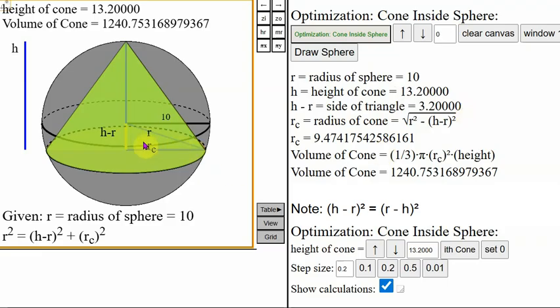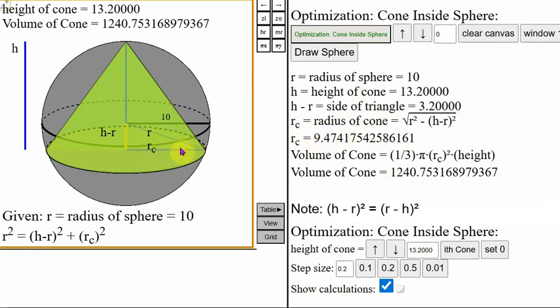To figure out the radius of the cone, I would use this equation right here. The radius of the cone is going to be the square root of r squared minus the quantity (h minus r) squared. Using this equation, we can figure out the radius of the cone.